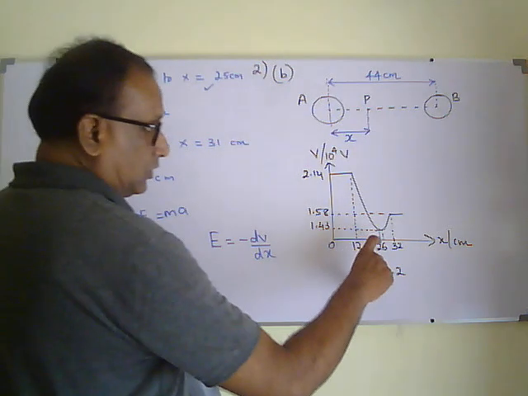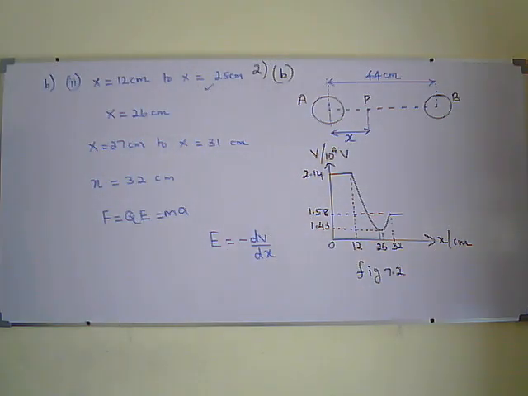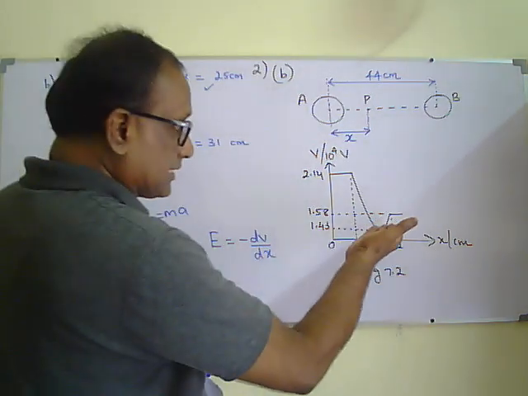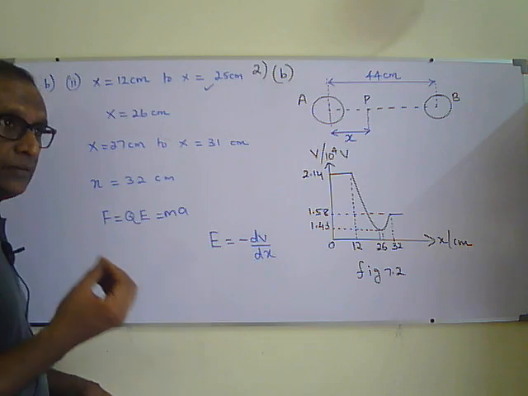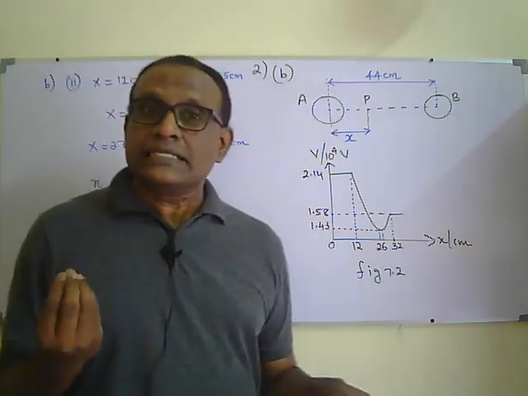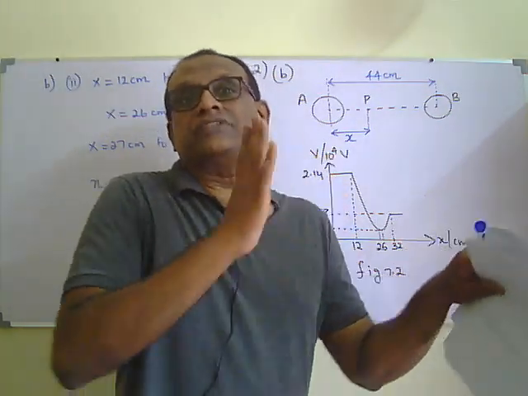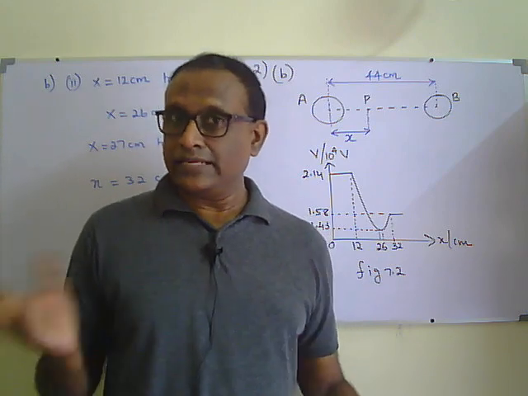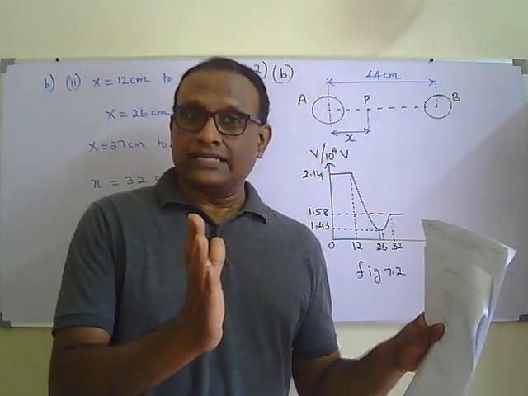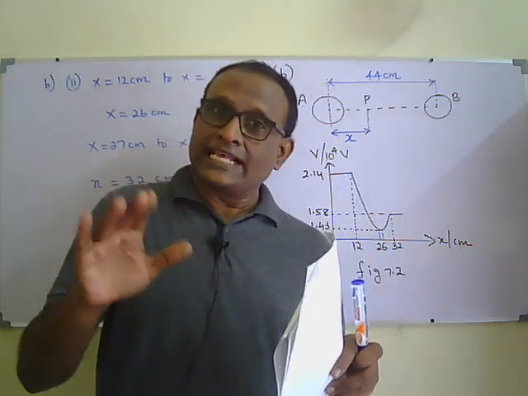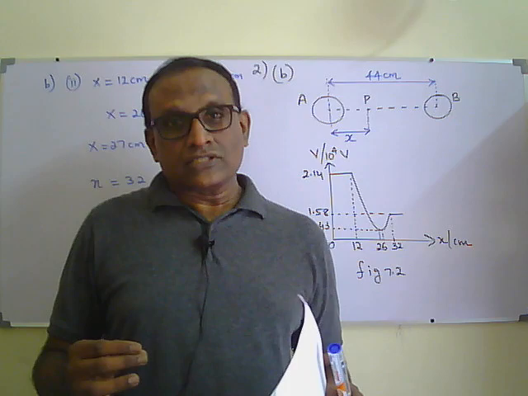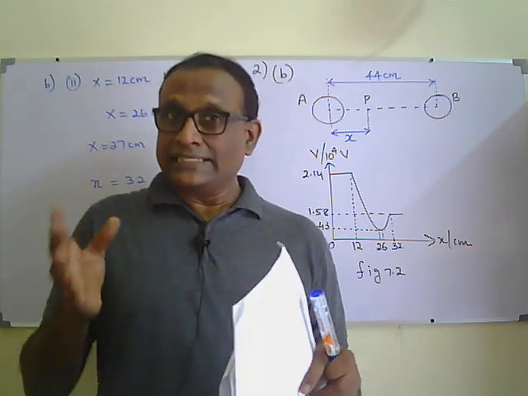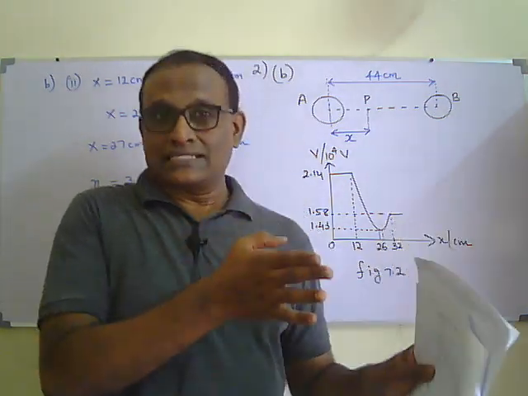Okay, 26 centimeter is the lowest point, and at that point the slope is 0, the tangent is 0. But we know that the particle will have the maximum speed at the end of the acceleration. Remember that. In mechanics, when something is accelerating, then moving at constant speed, the velocity or the speed will be the maximum at the end of the acceleration.